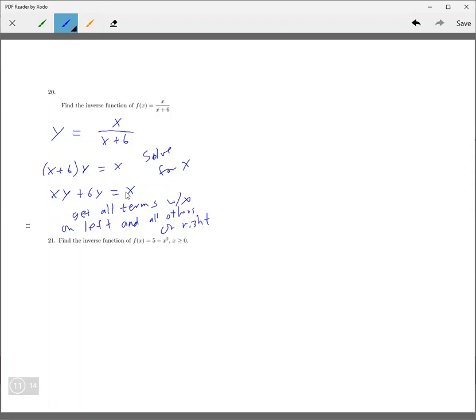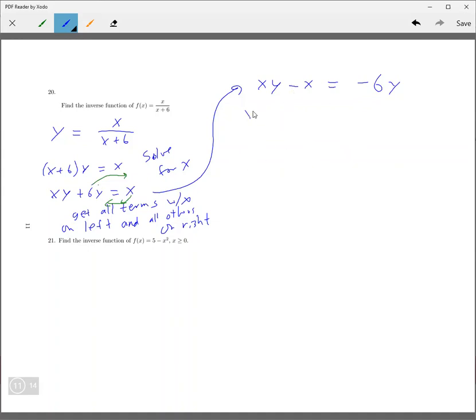So this x is going to come over to the left, and this term is going to go over there. That's going to give me xy minus x equals negative 6y. 6y went over here, and this x went over here.